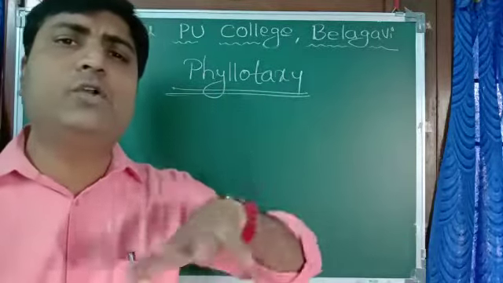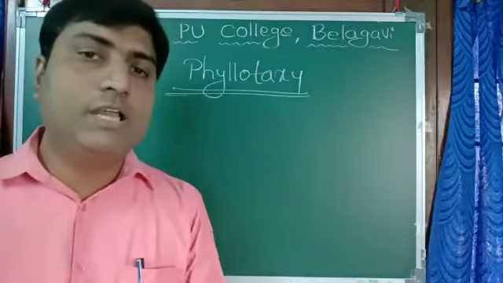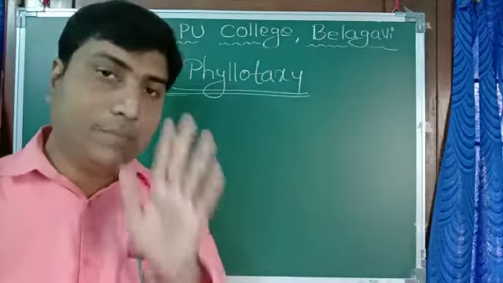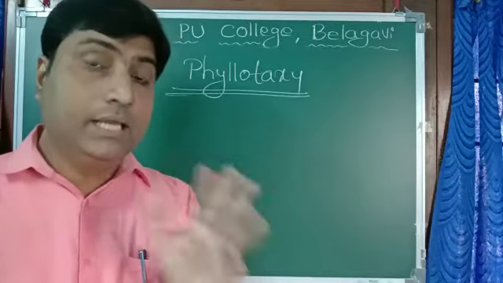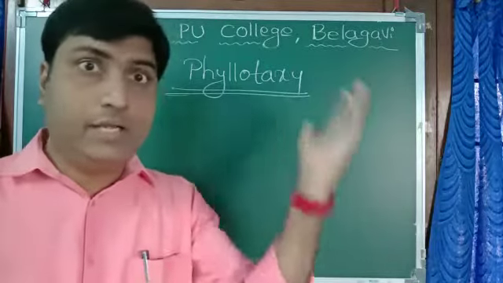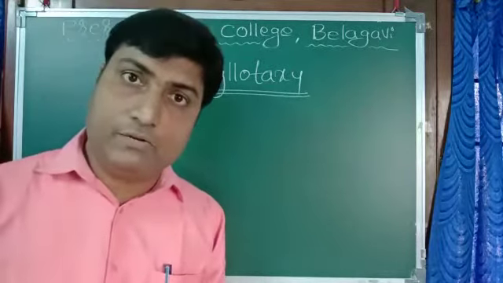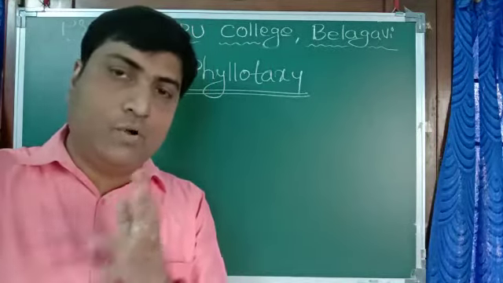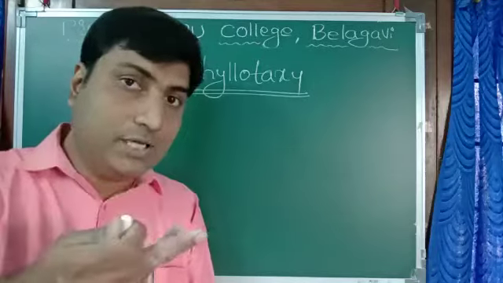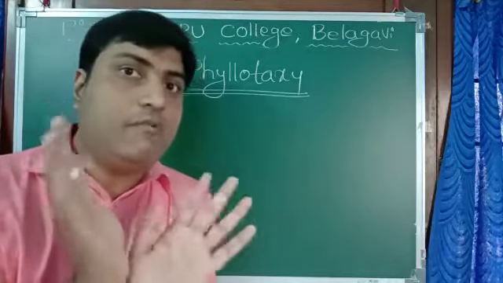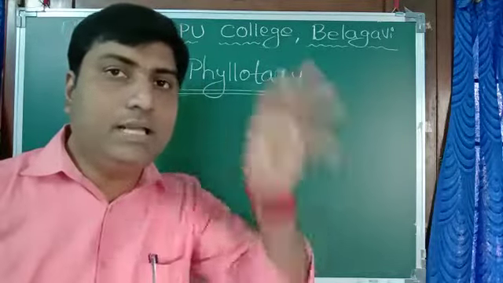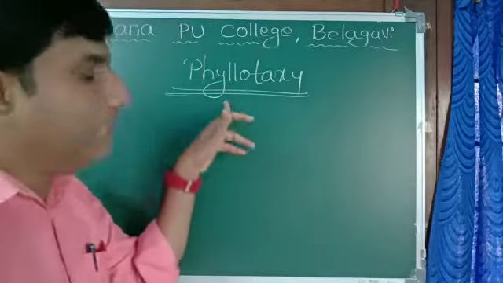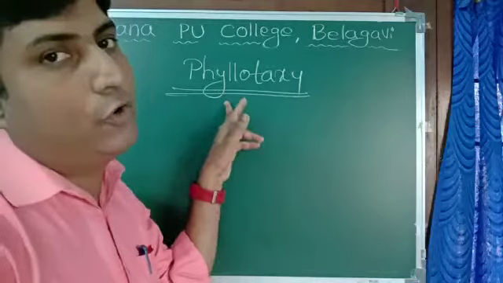The purpose of phyllotaxy is that a tree or a plant may contain hundreds of leaves and all the leaves should get exposed to sunlight. One leaf should not overlap the other. So they arrange in such a way that each and every leaf gets sunlight directly. Such type of arrangement of leaf is called phyllotaxy.